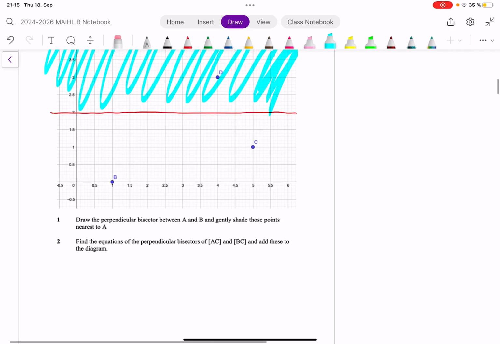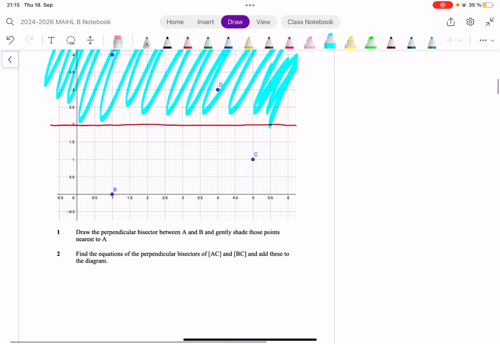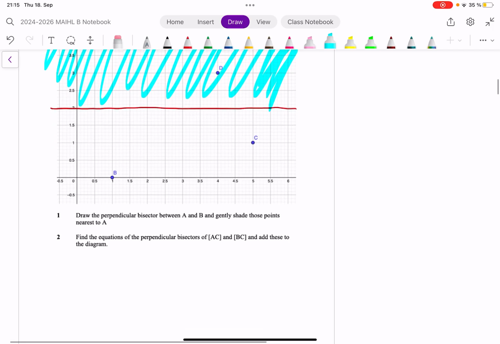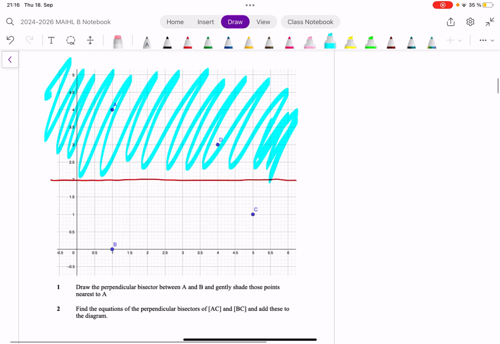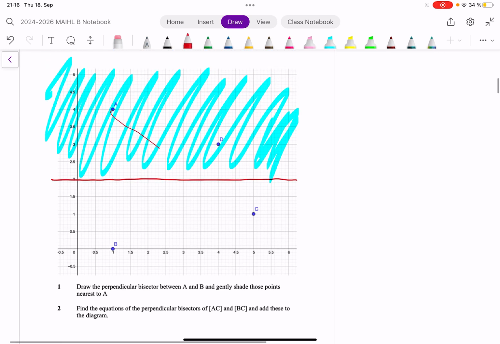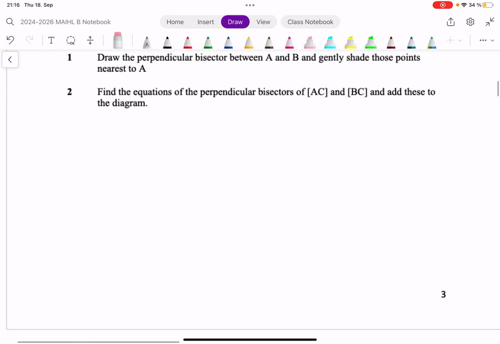So then it says find the equation of the perpendicular bisector of AC and BC and add these to the diagram. So if I was to connect AC and find its perpendicular bisector, and BC and find its perpendicular bisector, I then want to draw those. And so this requires us to remember some things about lines.